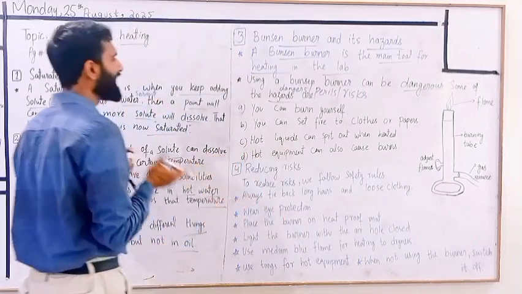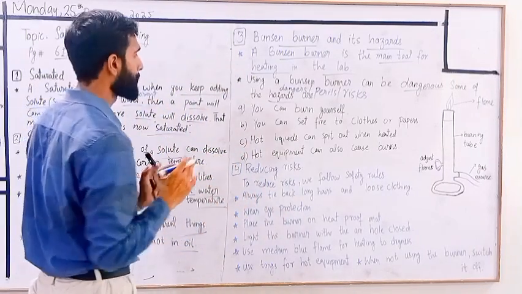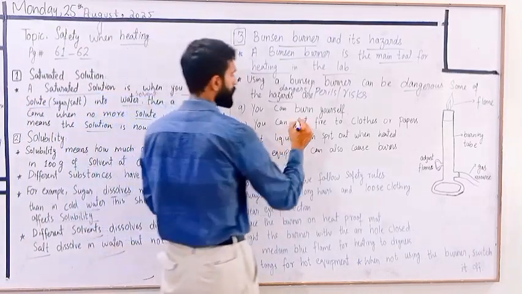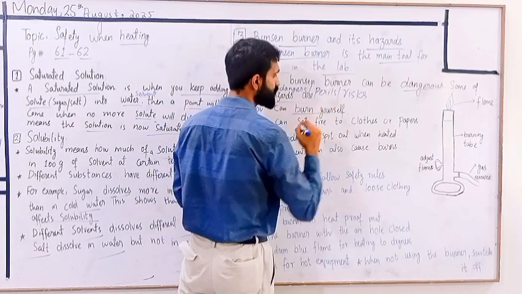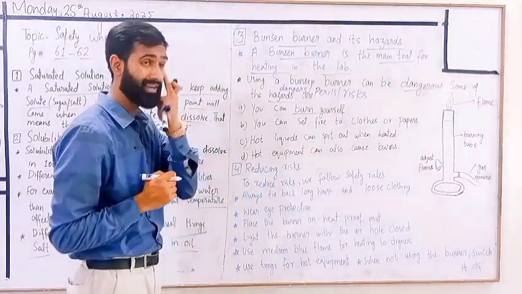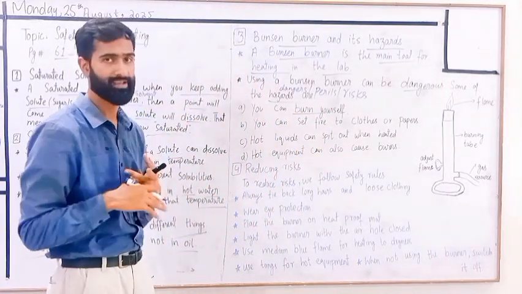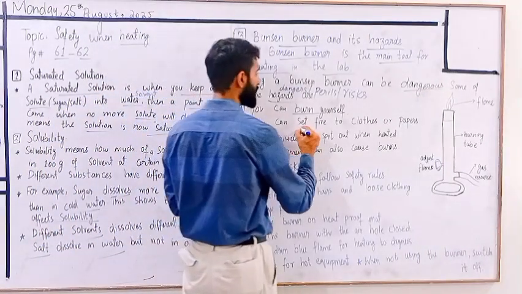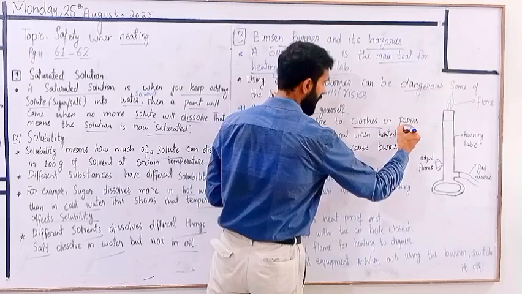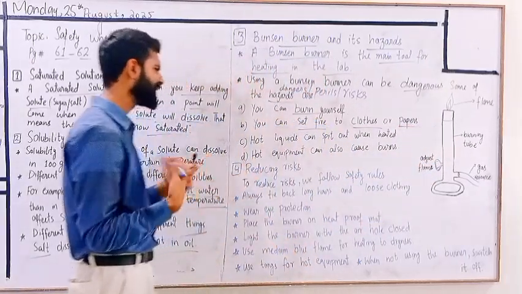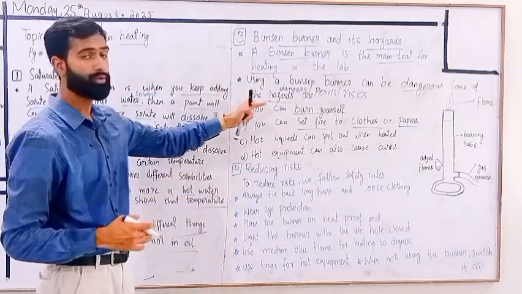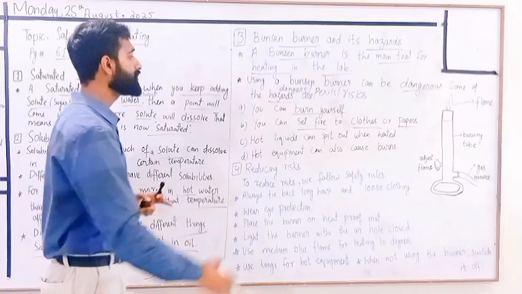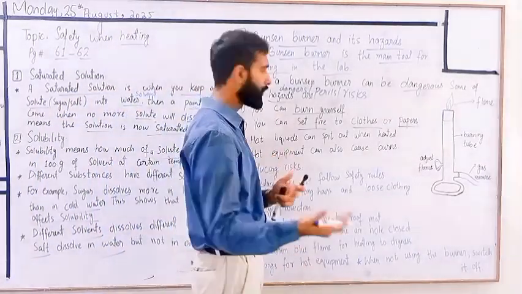Some of the dangerous hazards are, firstly, if you use the Bunsen burner incorrectly, you can burn yourself. Secondly, you can set fire to clothes, papers or any other material.